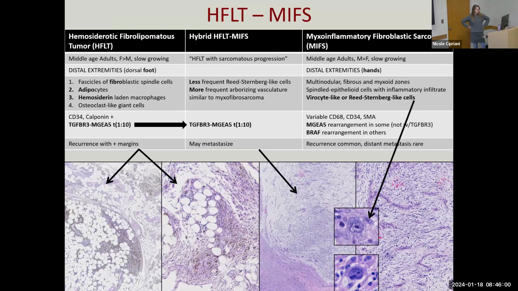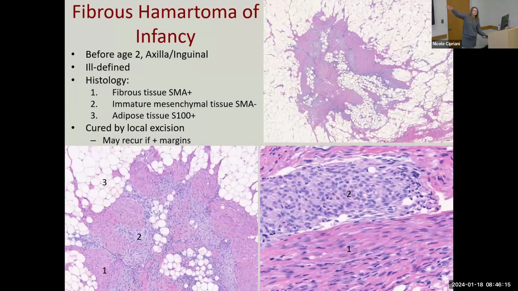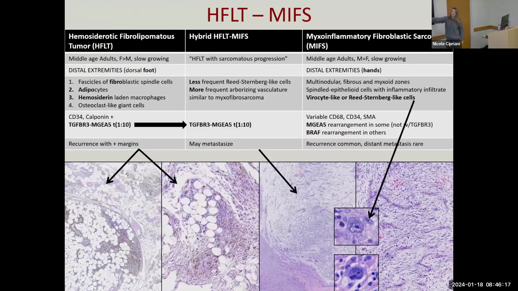So these hemosiderotic fibrolipomatous tumors or myxoinflammatory fibroblastic sarcomas are kind of a weird thing. The hemosiderotic fibrolipomatous tumors are more reminiscent of spindly fat, right? Spindly fat with hemosiderin in the distal extremities, like the foot, the palms, the soles.